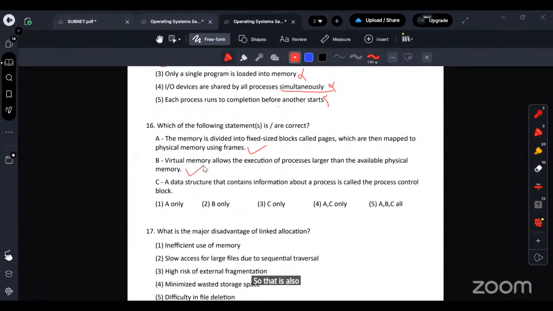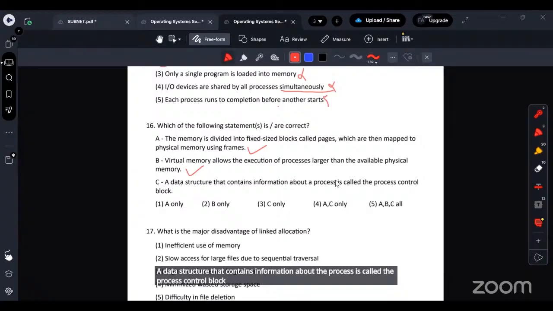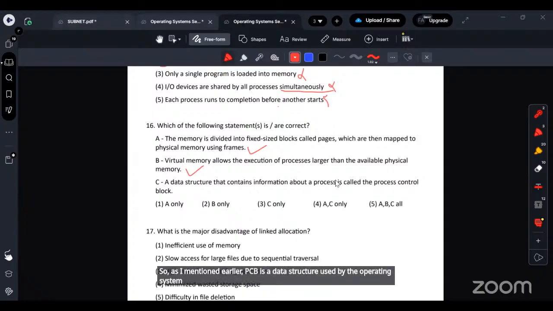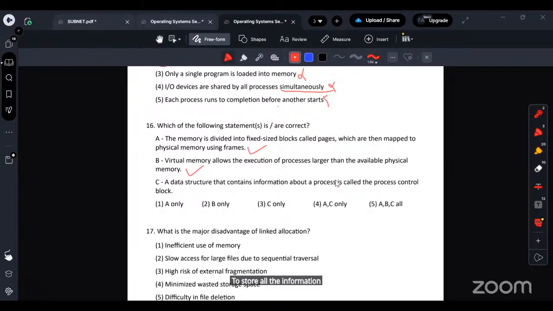A data structure that contains information about a process is called the process control block. True, as I mentioned earlier, PCB is a data structure used by the operating system to store all the information needed to manage a specific process. So yes, the answer is 5, A, B, C.